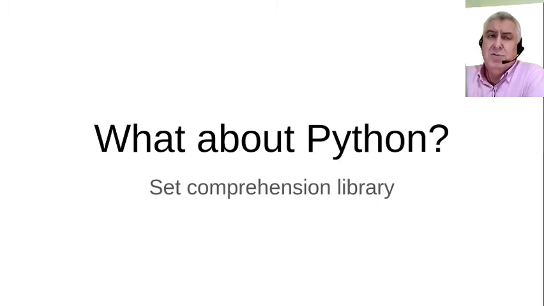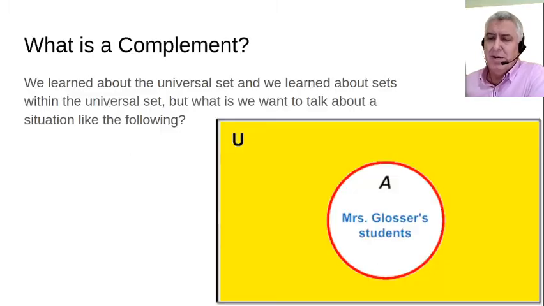Computers don't deal with infinite sets well. They don't deal with irrational numbers well. There's a lot of rational numbers that they don't deal with well. But there is a library in Python called the Set Comprehension Library, which tries to help you use something similar to set builder. And if you want to investigate that, you can. But we're not going to do it today. It's way beyond what we're going to do in this 2-day camp here.